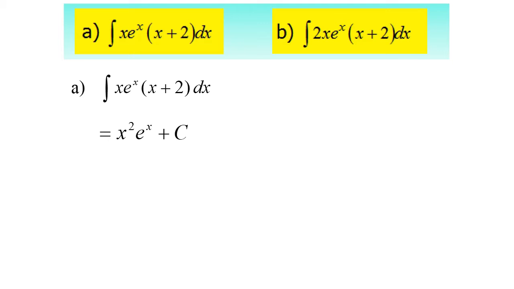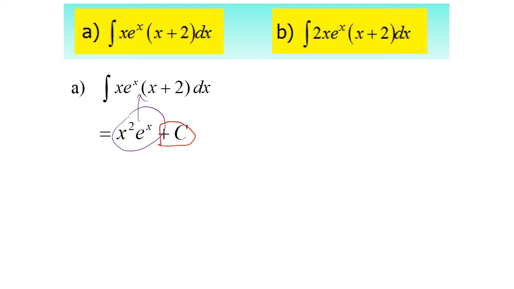Still remember, when we differentiate x squared e^x, we're going to have x e^x (x plus 2). So that's why when we integrate x e^x (x plus 2), we will have x squared e^x. But please don't forget to put plus c.